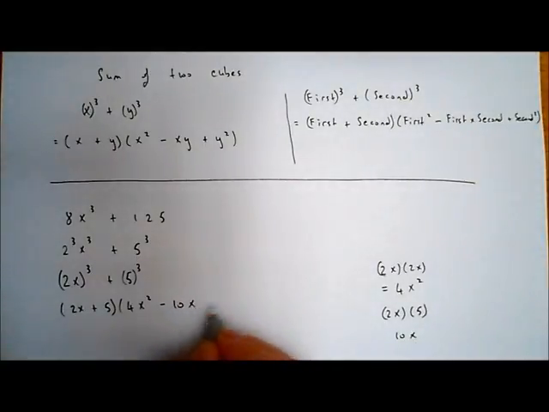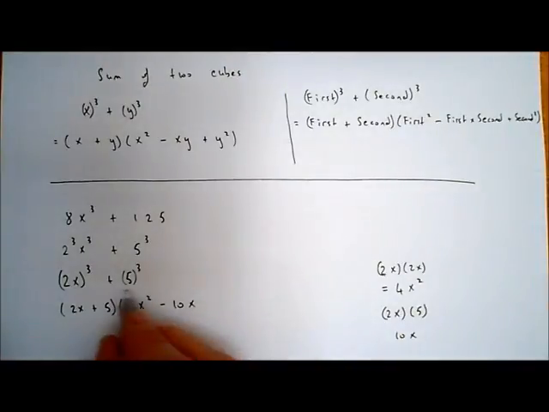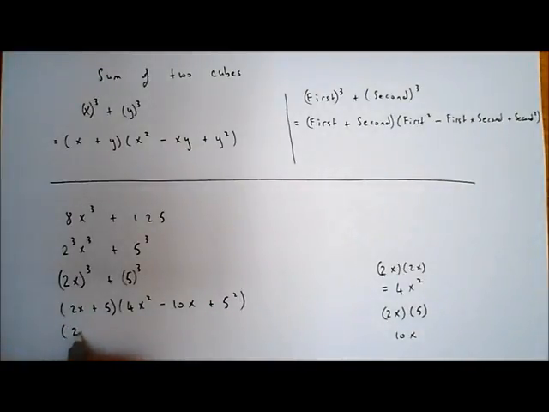So minus 10x, that's our first by our second, plus the second squared. So the second is 5, so it's going to be plus 5 all to be squared. And 5 squared we know is 25, so I could rewrite that as 2x plus 5 multiplied by 4x squared minus 10x plus 25. And that's it. That's the sum of two cubes.